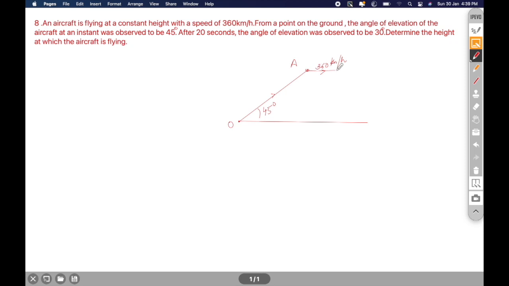Now after 20 seconds, let B be the position of the aircraft. So for 20 seconds, it has traveled and reached the position B. Now from the same point O on the ground, if you look at the aircraft at the point B, the angle of elevation is said to be 30 degree.